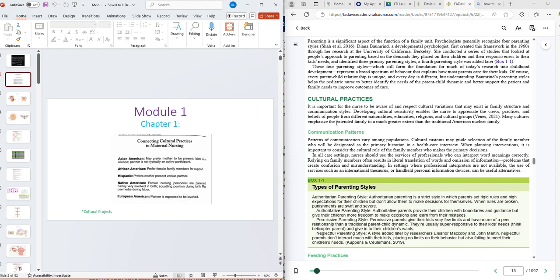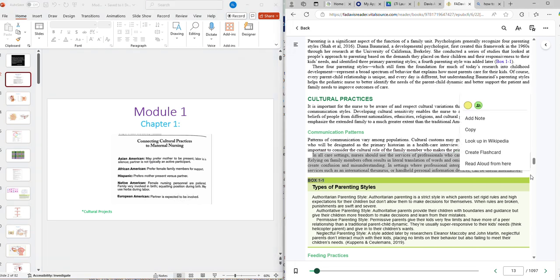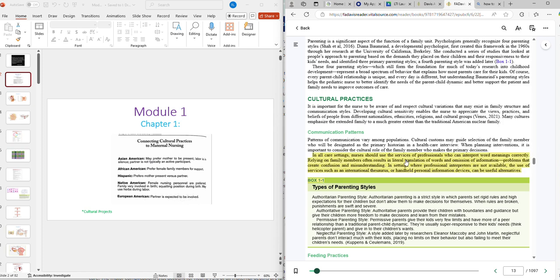But for this cultural practice, there's your first wink and lollipop, and that is this right here. In all care settings, the nurse should use the services of professionals who can interpret word meanings correctly. So we try not to use family members if we can help it.